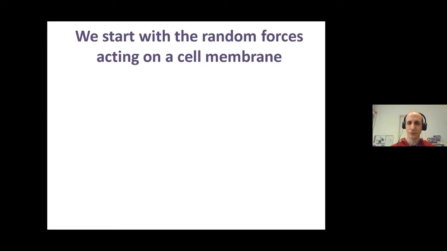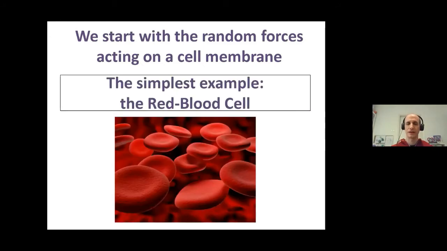So we start with the random forces that act on the cell membrane. We think of the simplest problem and the simplest cell that exists, the red blood cell. That happened to be my first project when I landed randomly into this world of biophysics, leaving the quantum mechanics of my PhD and first postdoc behind.